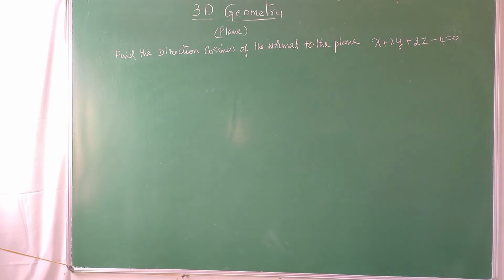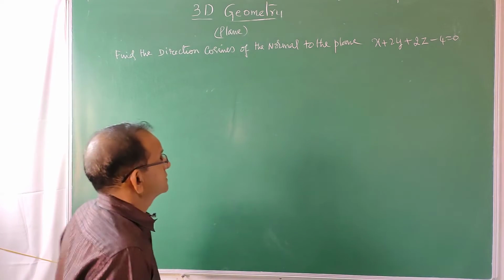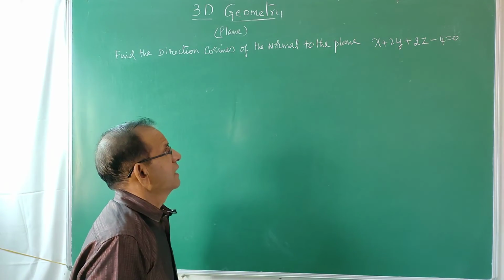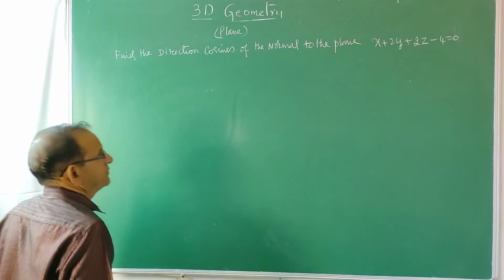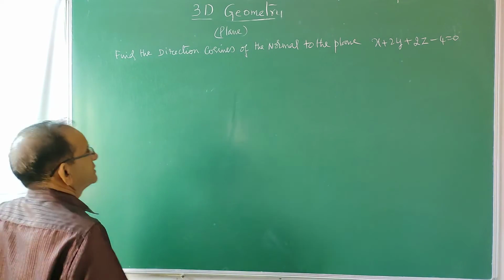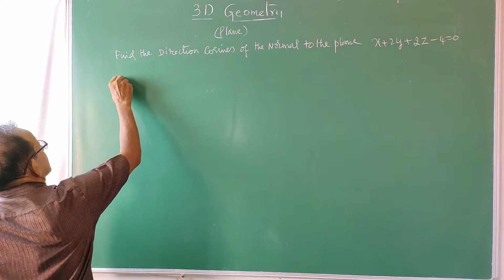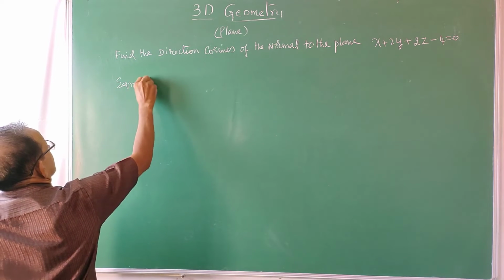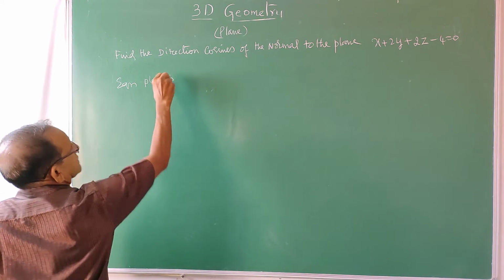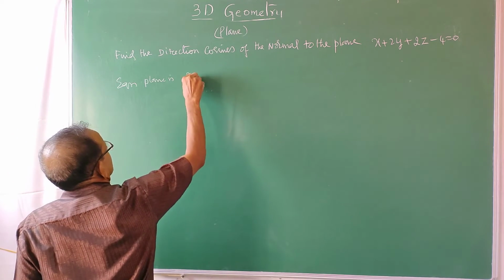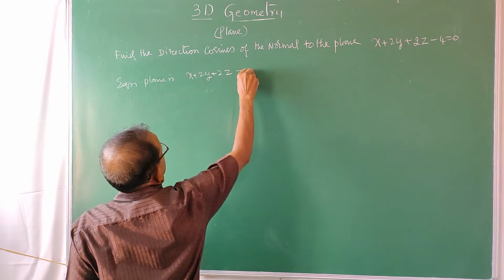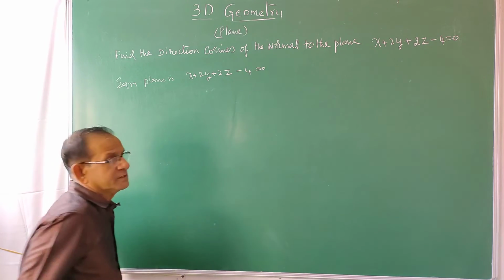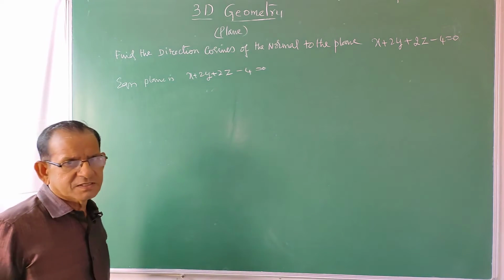Now find the direction cosines of the normal to the plane x plus 2y plus 2z minus 4 is equal to 0. Here, if you compare the equation of the plane, it is x plus 2y plus 2z minus 4 is equal to 0. Now it is in the form of ax plus by plus cz is equal to 0.